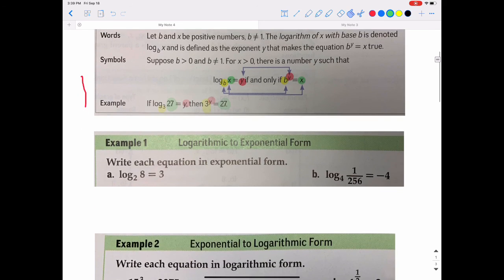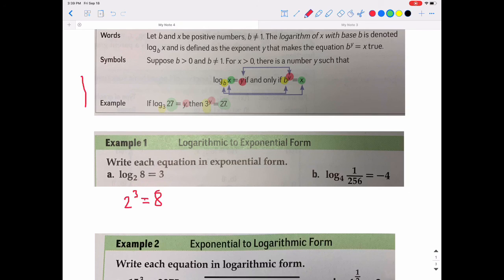So, example number 1, just write each equation in exponential form. So log base 2 of 8 equals 3. So to write that as an exponent, the base of the log is 2, so that's going to be the base of the exponent. The exponent is the 3, and it equals 8.